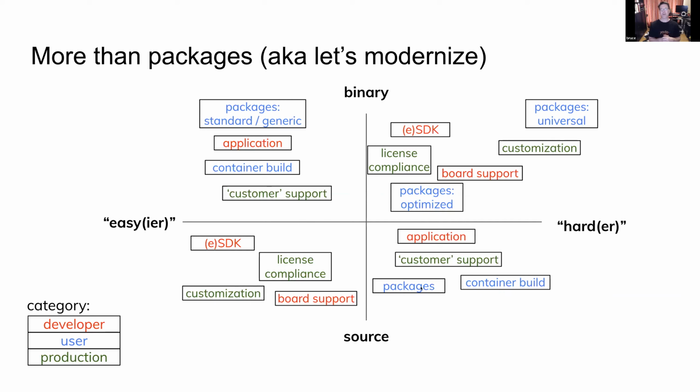So, if you need, for example, universal packages, that can be with binaries, that can be harder. Or if you need container builds, that's easier with source than it is with binaries, for example. So depending on what your requirements are, you move around in this sort of 2D. Well, this is our effort to visualize it, but it's not easy to point out till you get into the details of all of the individual gotchas with doing any of these in a binary format.